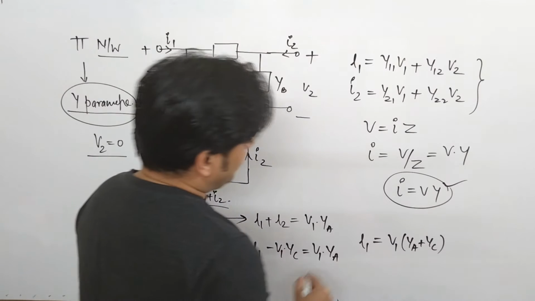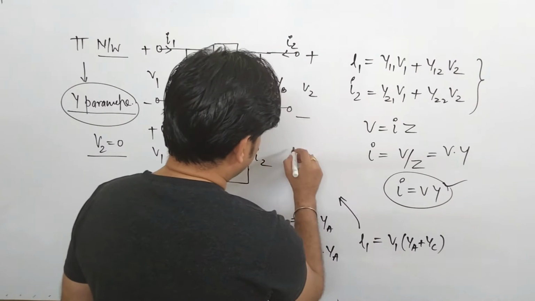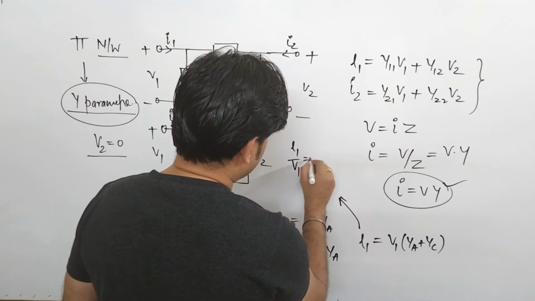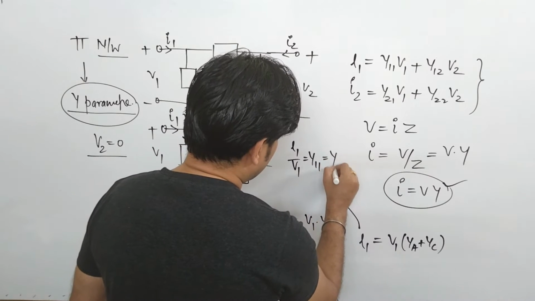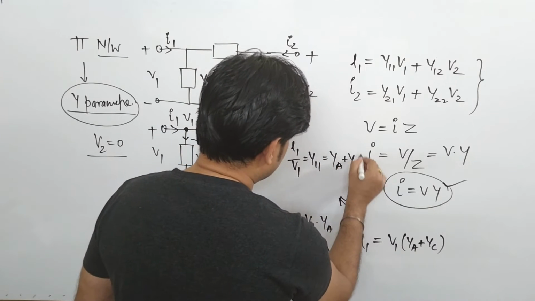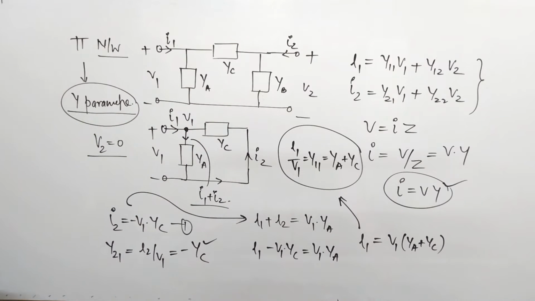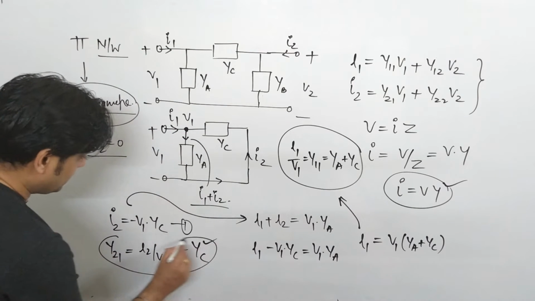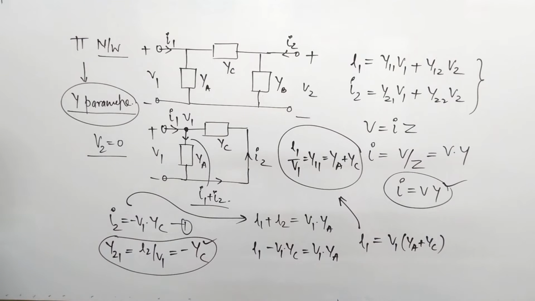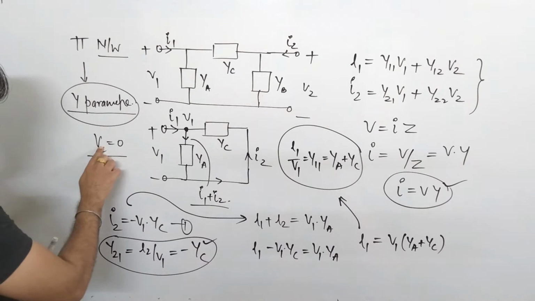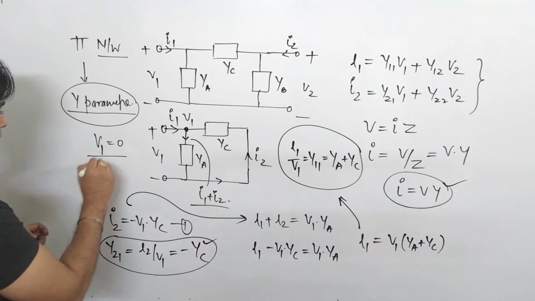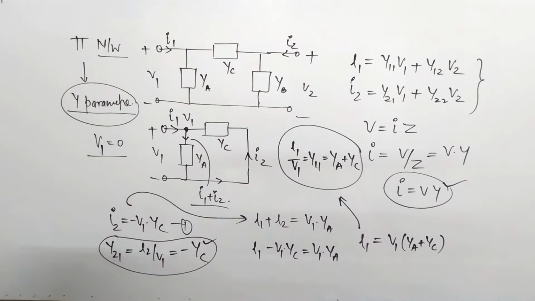From here you can say that I1 by V1, that is Y11, is YA plus YC. So you have found this one and that one. Y11 and Y21 we have identified. So this is the first condition. Now next we will consider that V1 is 0, and we will see.